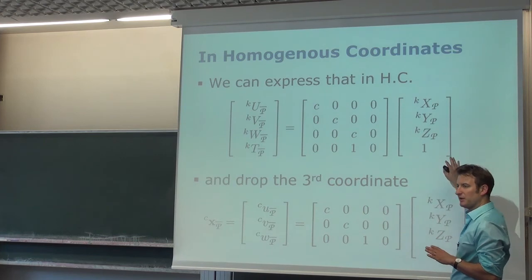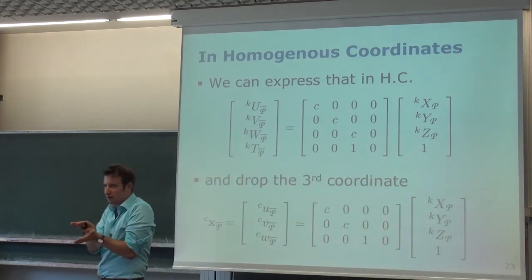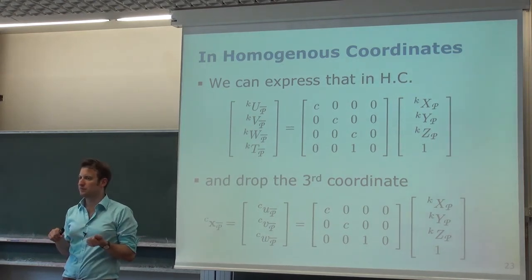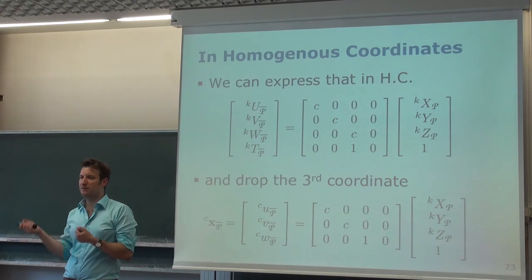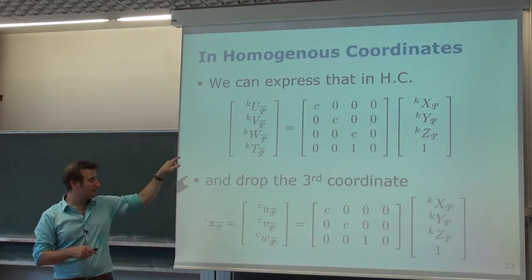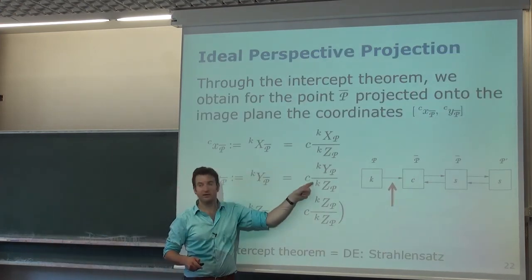Is it clear? So what we have done is one step which scales down our image according to the camera constant, and then we eliminated one dimension. Of course, we map from the 3D world to the 2D world. And if we now apply this transformation over here, we get exactly this result.